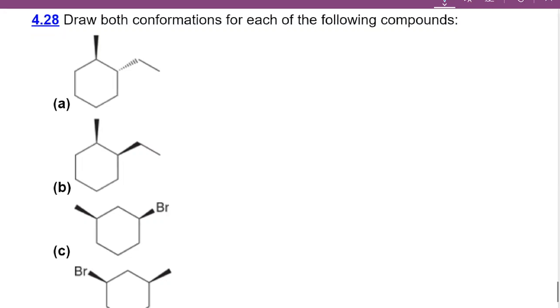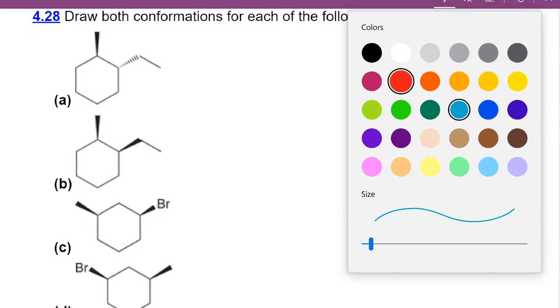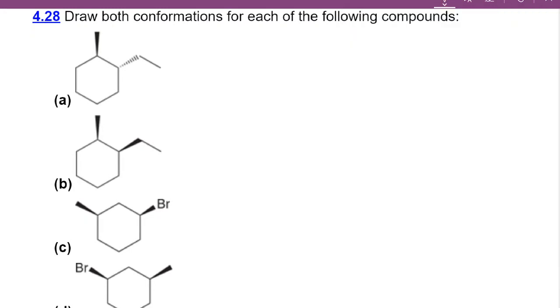Okay, so let's start by drawing our chairs. Okay, I think I'll just draw one set of chairs. So remember, we start by drawing the parallel lines with a positive slope. Then we fill in the other sets of parallel lines, the other two sets.